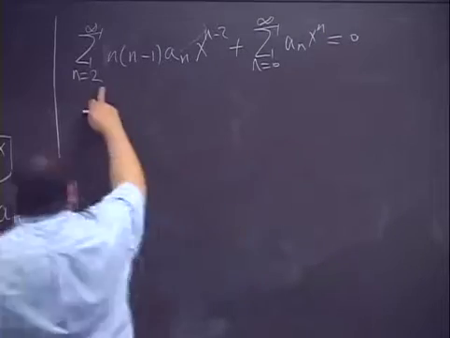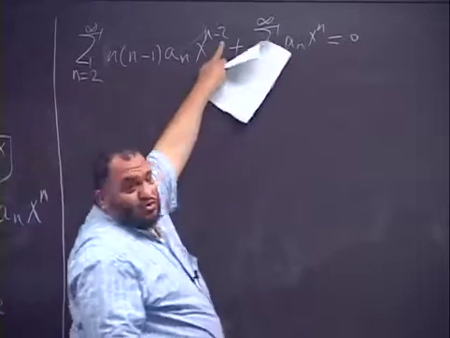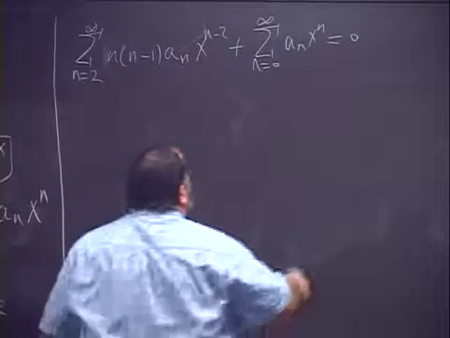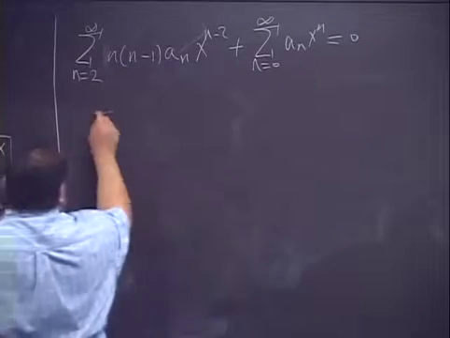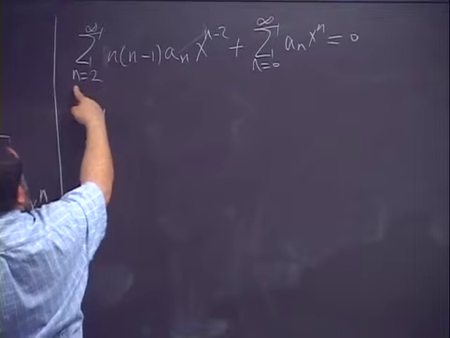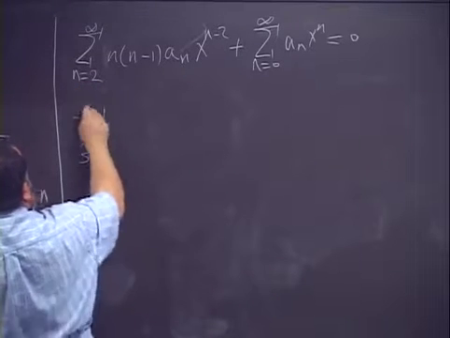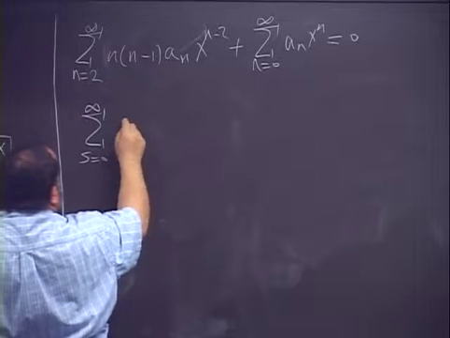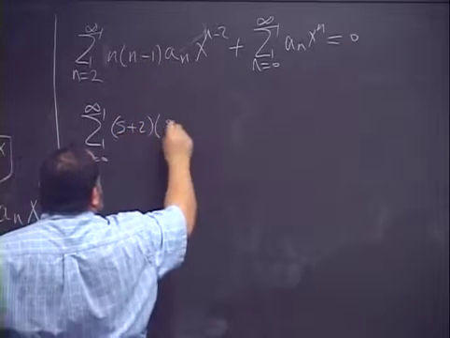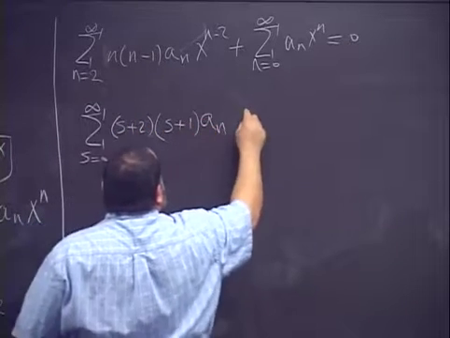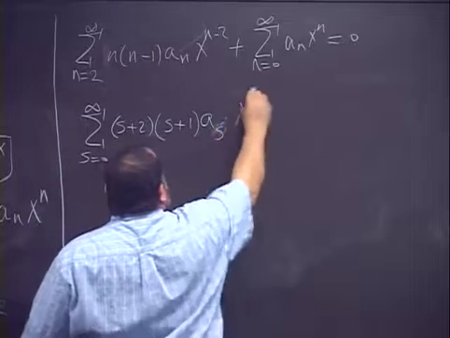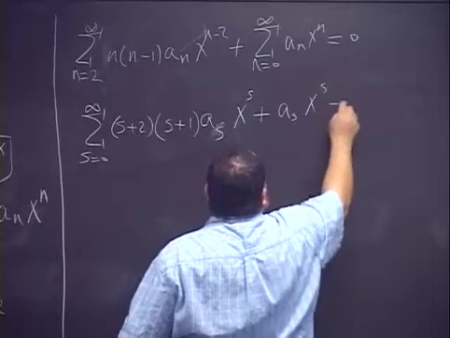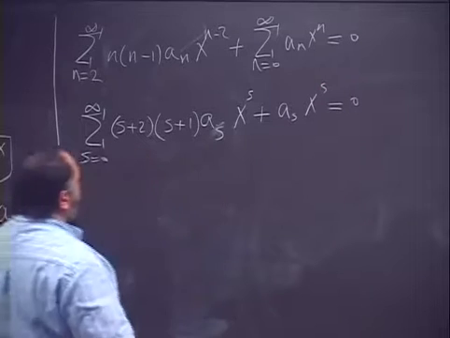We can change this by making n minus 2 equal to S, and we make the other one S also. So S will start from 0 to infinity, and n will be S plus 2. So we get S plus 2 multiplied by S plus 1 multiplied by a of S plus 2 times x to the power of S, plus aS x to the power of S, equal to 0.